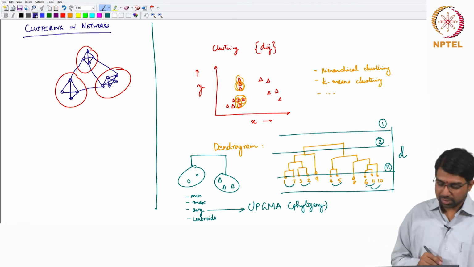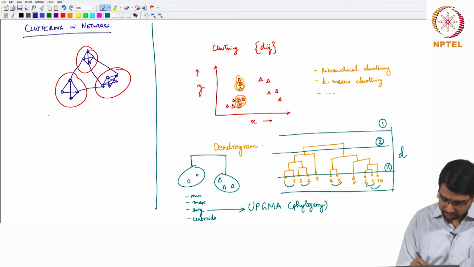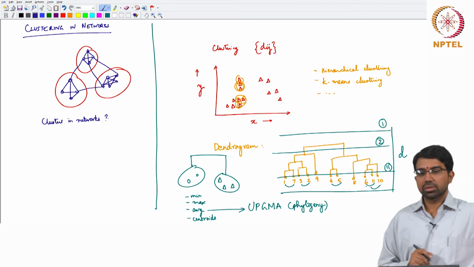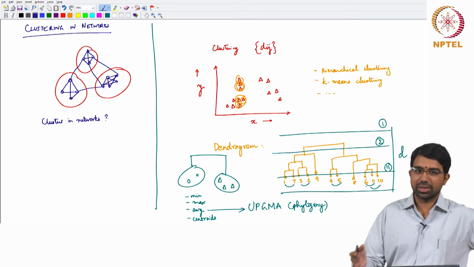So, what is the main topic that we are looking at? How do we do clustering in networks? Can you think of an idea in the light of what we see on the right hand side?